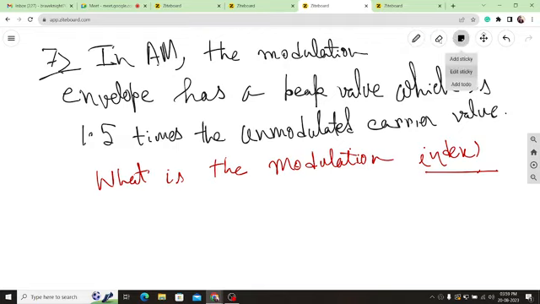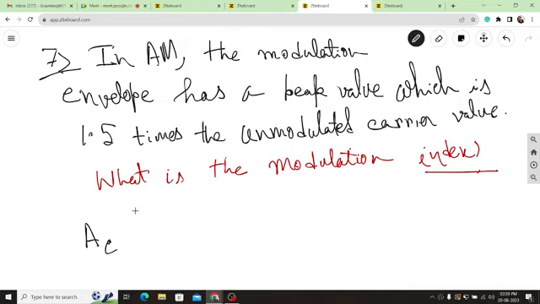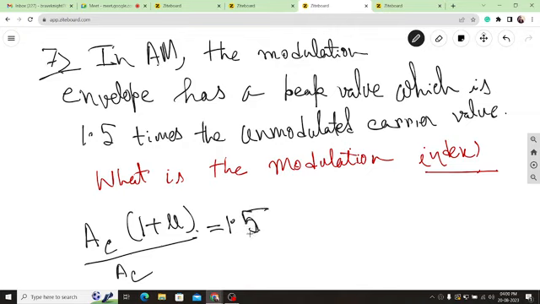This is a very simple question. This says the envelope has a peak value which is 1.5 times the unmodulated carrier value. So AC times 1 plus mu, over AC, the actual envelope value, is 1.5. This is the peak value after modulation, with 1 plus mu, and this is only the carrier value.